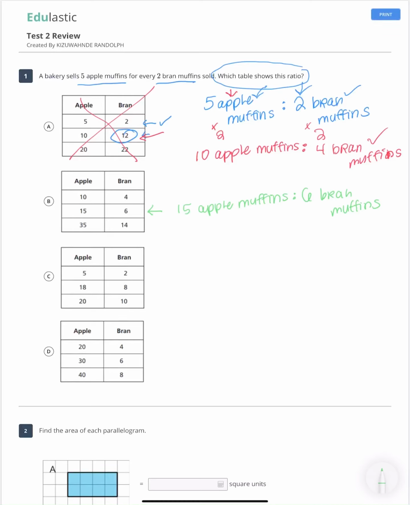Can you guess that number? If you guess 3, you are absolutely correct. So what I'm going to do is divide by 3 on both sides. And when I divide by 3 on both sides, I should get 5 apple muffins to 2 bran muffins.